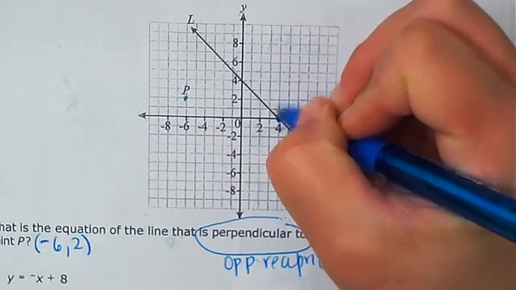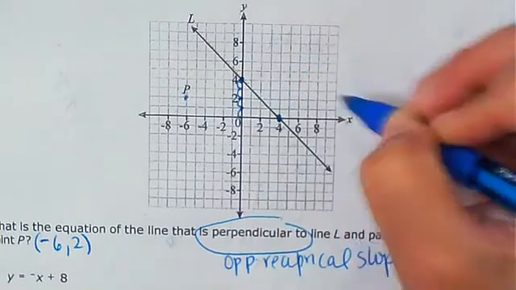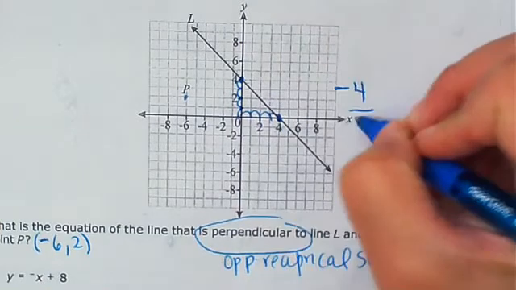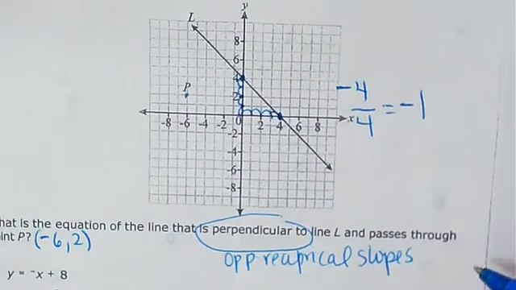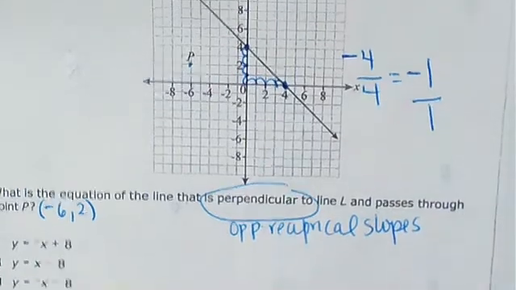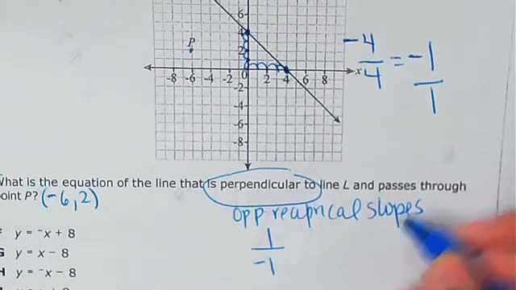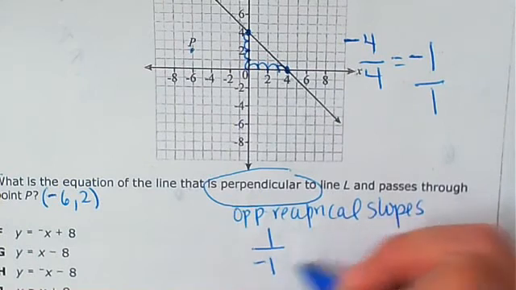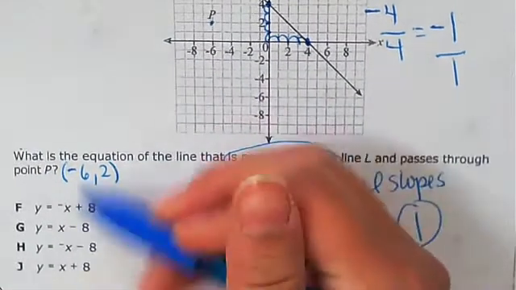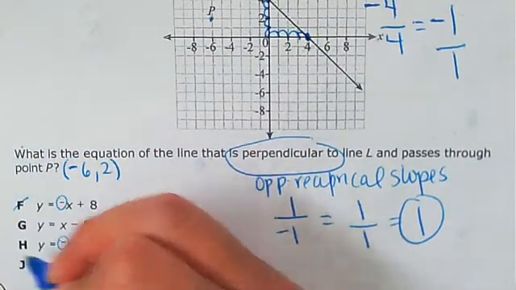So whatever slope this line has, let's find it. I'm going to pick these 2 points right here and do rise over run. 1, 2, 3, 4, and it's negative. And then 1, 2, 3, 4. So my slope is -1. Opposite means that I'm going to take these numbers and flip them. So I'm going to end up with 1 over -1. And then I have to change the sign. So from negative, I just go to positive. So my line I'm looking for has a slope of 1.